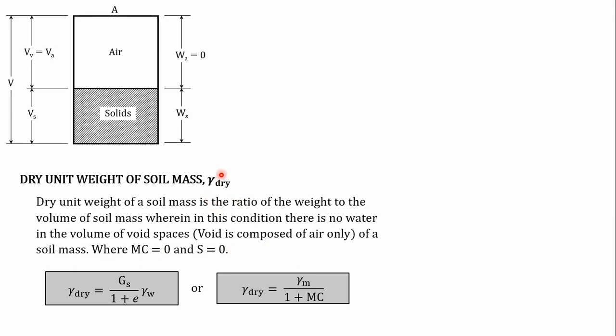So what is the formula of moisture content? Moisture content is equal to the weight of water divided by weight ng solids. Remember, there is no water present in the soil, so the weight of the water is 0, meaning moisture content is 0.